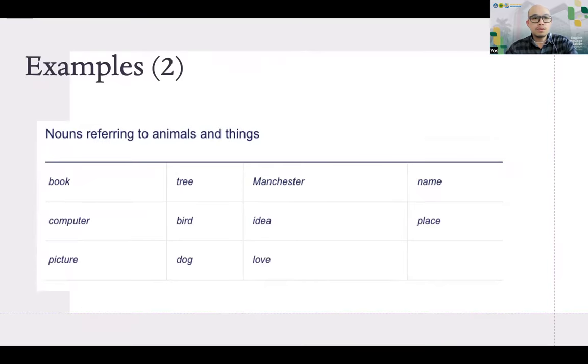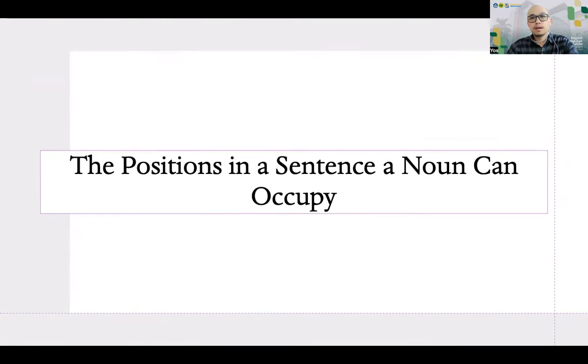The other examples like book, computer, picture, tree, bird, dog, Manchester, idea, love, name, place are nouns referring to animals or things. Those are the examples of nouns.